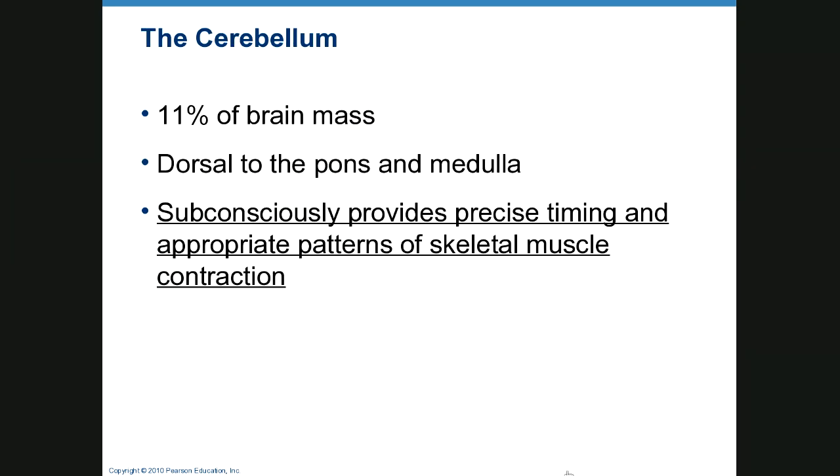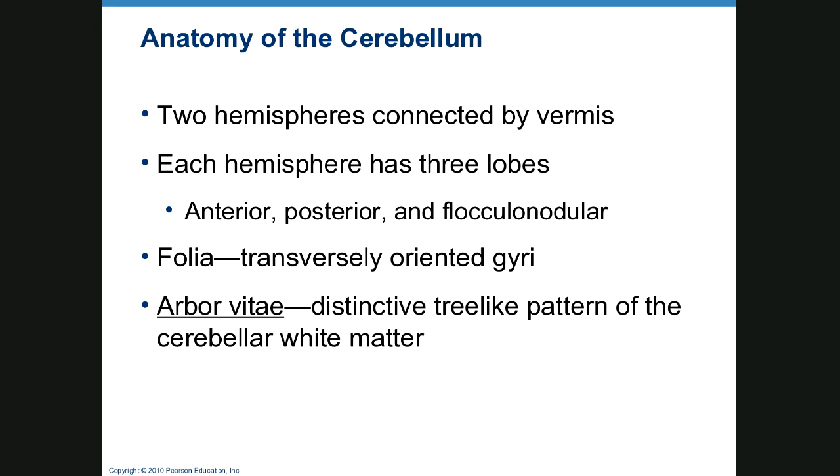Okay, the cerebellum is about 11% of the brain mass, dorsal to the pons and the medulla, and what it does is it provides precise timing of a skeletal muscle contraction. It helps to regulate this. It has 2 hemispheres connected by the vermis, and the arbor vitae is the white matter within the cerebellum.